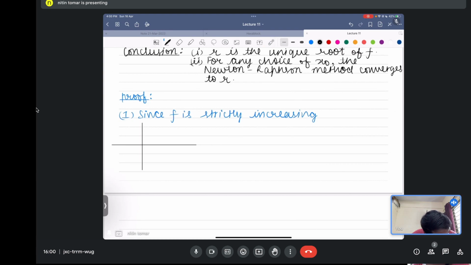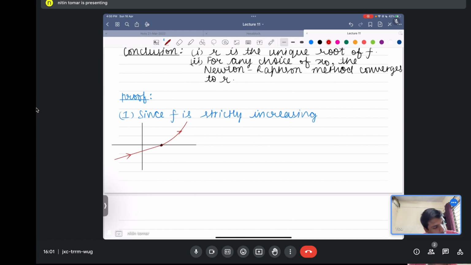Let's say f has a root here, and if f is strictly increasing, so hereafter it will keep on increasing, right? And then it should be like this. Any increasing function, if it intersects the x-axis, will intersect only once.